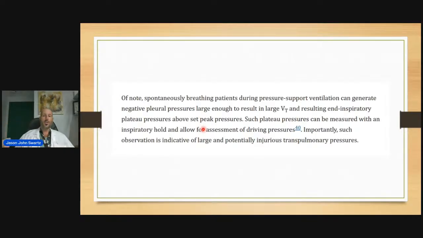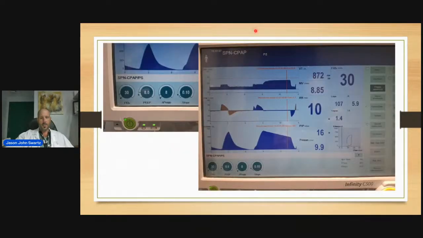These plateaus can be measured with a simple inspiratory hold, and this allows for the assessment of the physiological drive pressure. So technically, you can do this with pressure support ventilation.